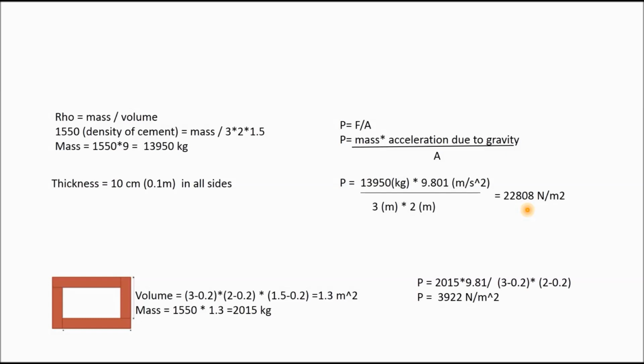Suppose we take the tank construction and make it hollow, then P is equal to 2015 kg into 9.81, divided by 3.2 into 0.2. This gives us a pressure of 3922 per meter square area. That is how we calculate the pressure on the floor.